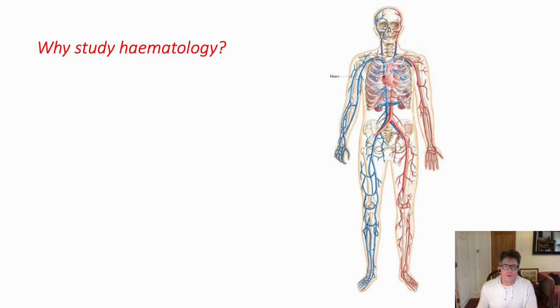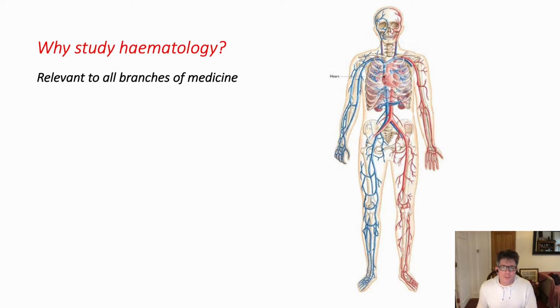Perhaps the second most important question to answer is why you should, as a medical student, study haematology. First, due to the importance of the blood and blood cells in so many essential physiological but also pathophysiological processes, haematology has relevance to just about every branch of medicine.